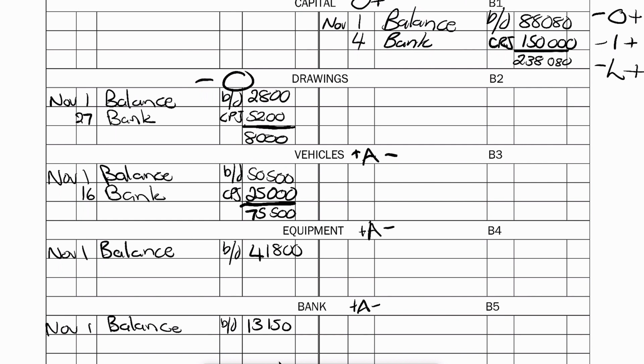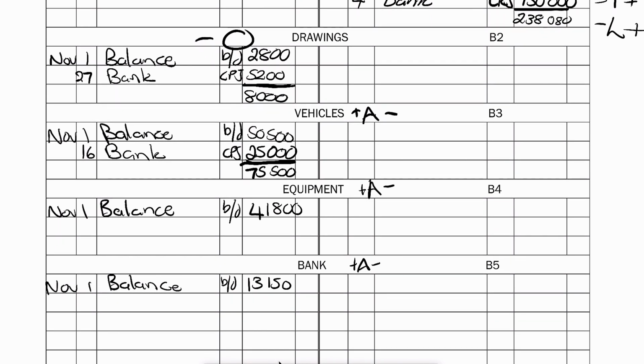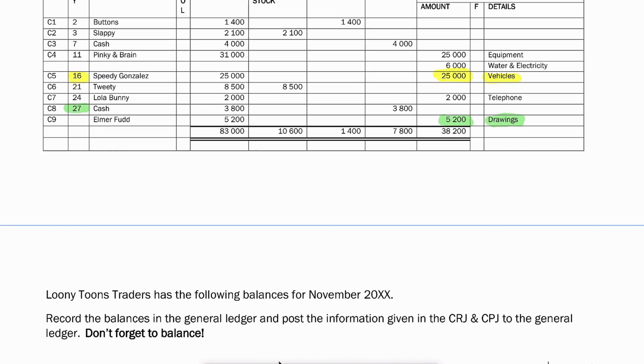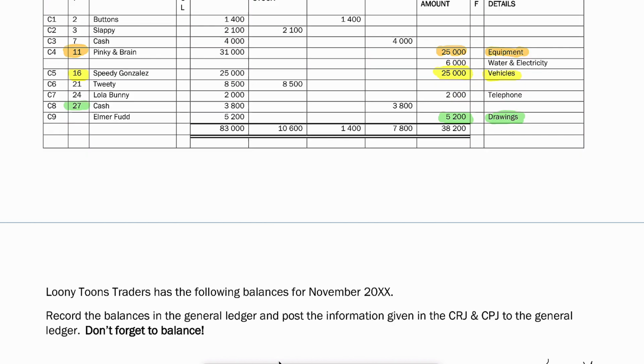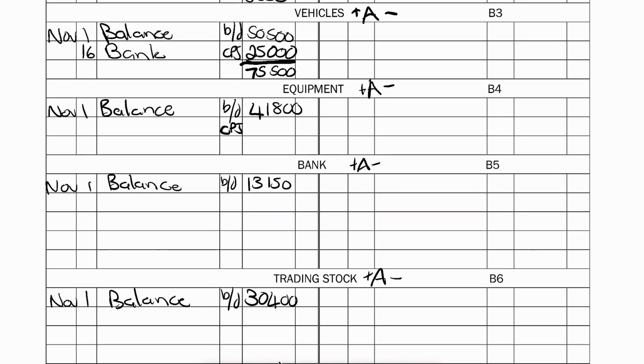Now, equipment gets treated the same as vehicles. We pay for equipment from the CPJ. If we go up and we have a look in our CPJ, equipment again does not have its own column. It does, however, happen in the sundry accounts for 25,000 Rand on the 11th from Pinky and Brain. So we go back down to the equipment account.